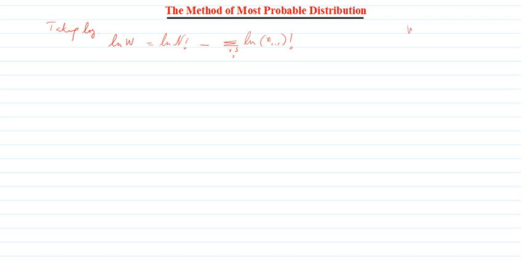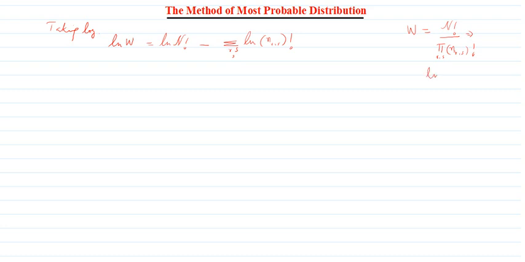Because we had W equal to N factorial divided by the product over rs of n_rs factorial.